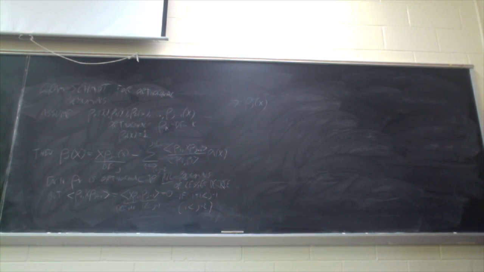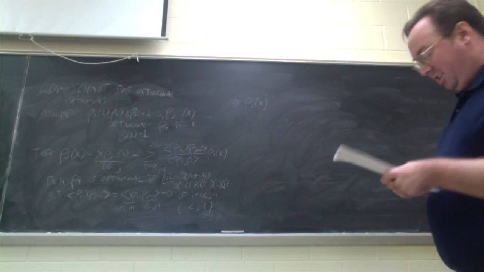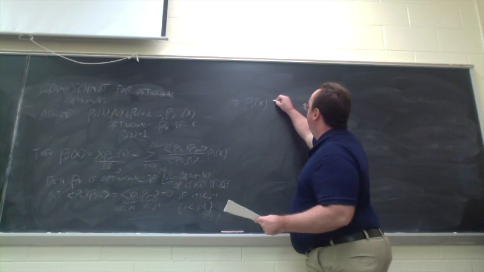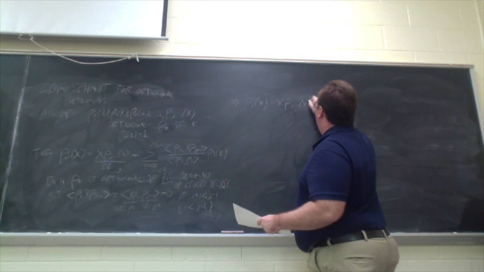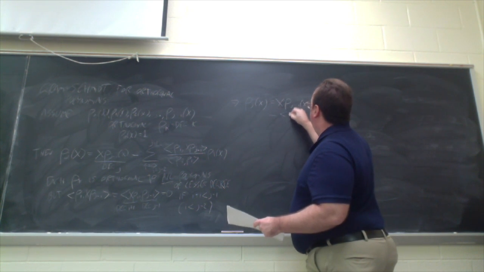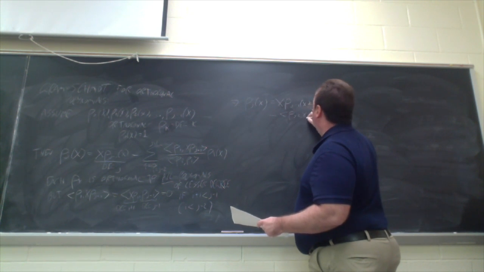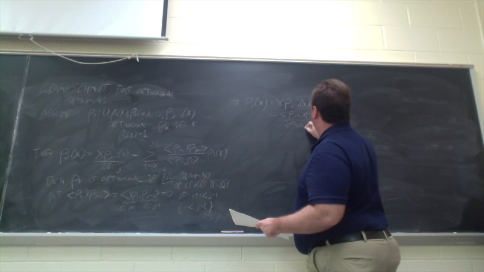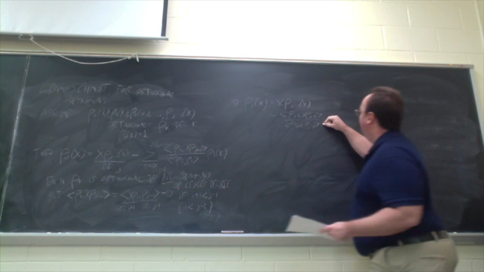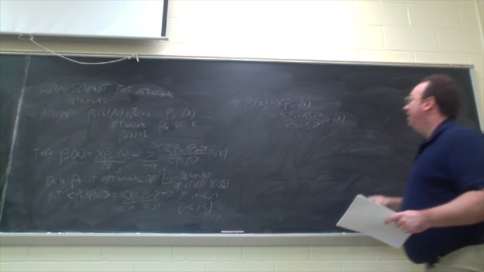All right. So I can write p_j as, taking it directly from this, x p_{j-1} minus the inner product of p_{j-2} with x p_{j-1} over the inner product of p_{j-2} with p_{j-2}, times p_{j-2}.